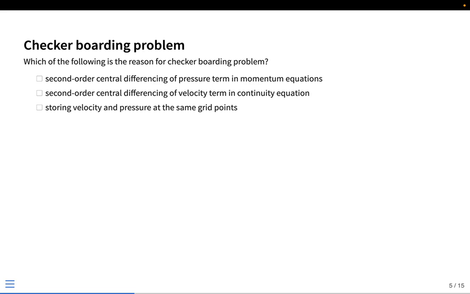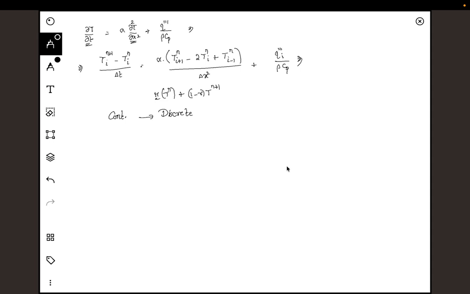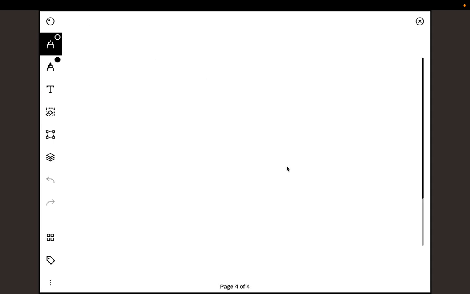Okay, so what exactly is this checkerboarding problem? If you see the continuity equation, we have del u del x, let's say in 2D. If I try to discretize this, we can write it as u i plus 1 j. So my grid is something like this.